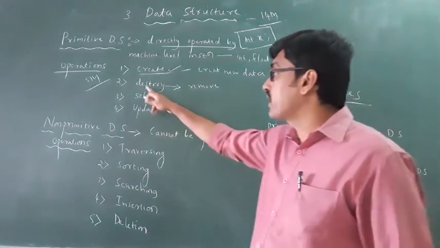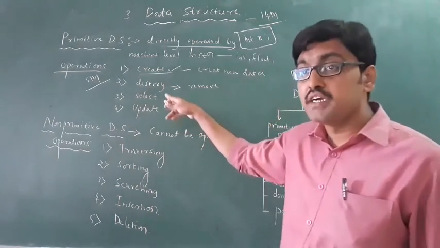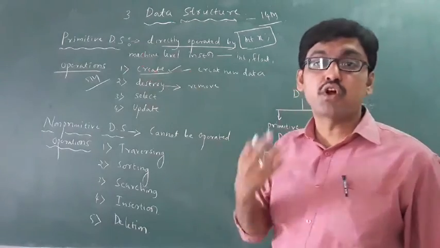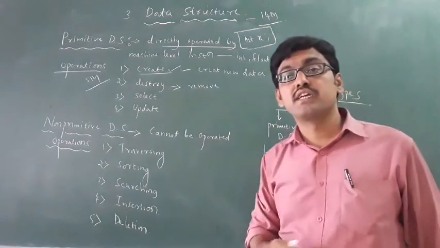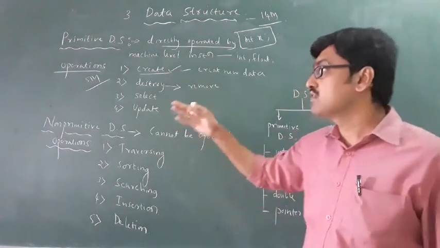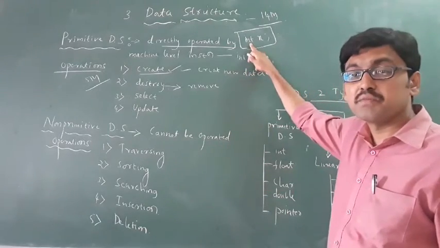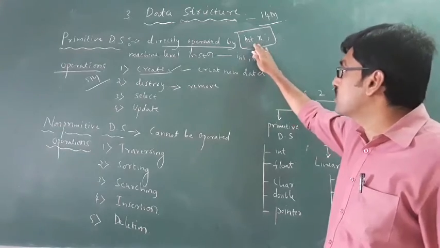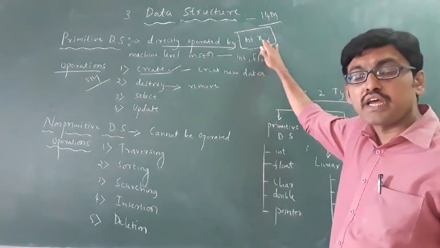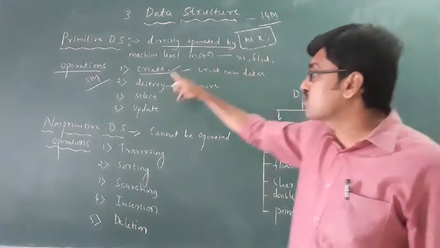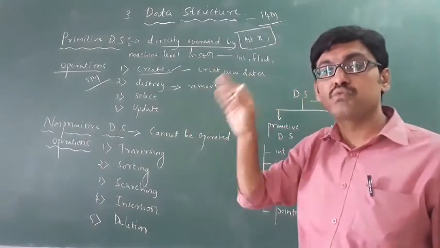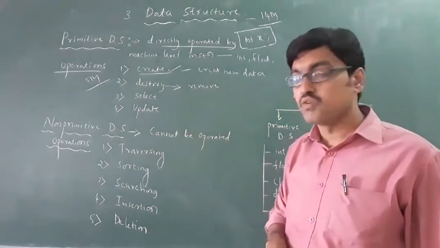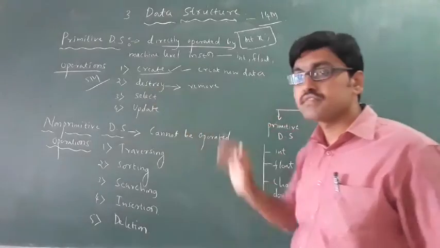That is called destroy. These operations can be done by primitive data structures. Without primitive data structures, you cannot do these operations. For example, int x is the create operation, and 2 bytes of memory get allocated. After execution of the program, the destroy operation removes that memory space. That is the use of destroy.